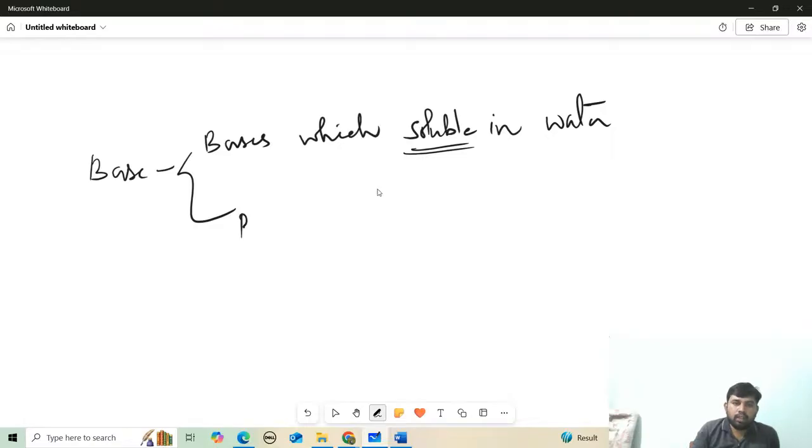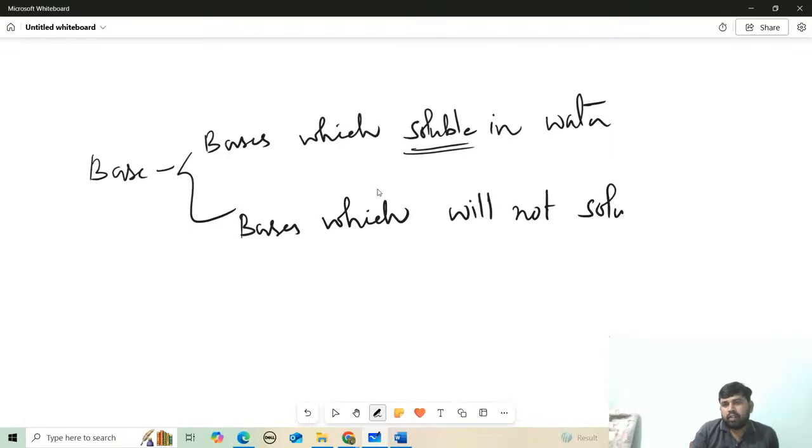Some are there bases which will not be soluble, or we can say sparingly soluble, or completely not soluble.